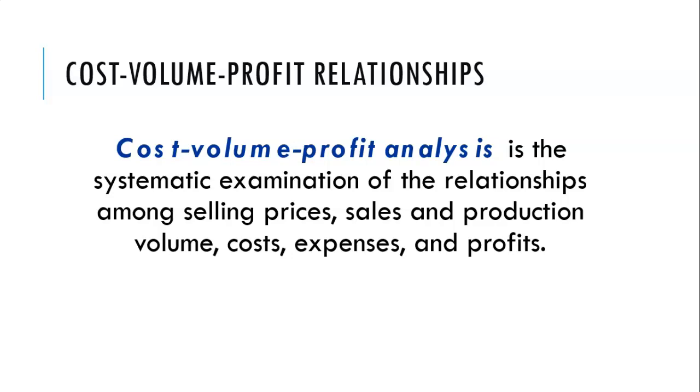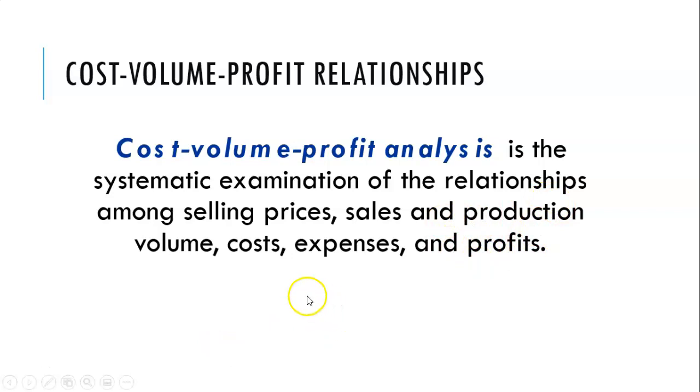So once we subtract our costs from our revenue, what is left over is income from operations, also known as operating income. And so we're going to study the relationships between all of those things: sales and selling prices, costs and expenses, production volume, meaning how many we are making and selling, and the profits that we're getting.